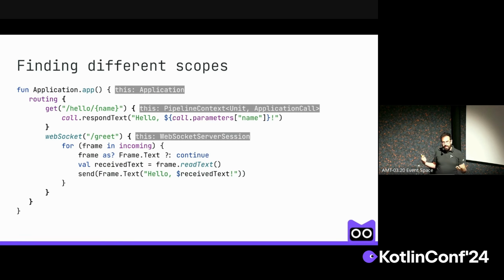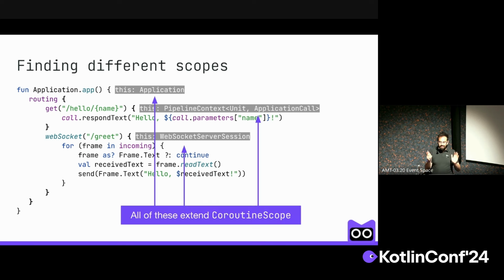So inside my application block, this corresponds to application. Inside my get, this corresponds to something called pipeline context. Doesn't matter too much. And in WebSocket, I have a WebSocket server session. What is interesting about this is that, surprise, surprise, all of these extend CoroutineScope, which means that the same ideas I've been talking about in the compose part actually move into this other realm of backend applications using Ktor.